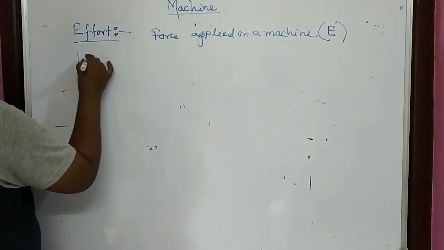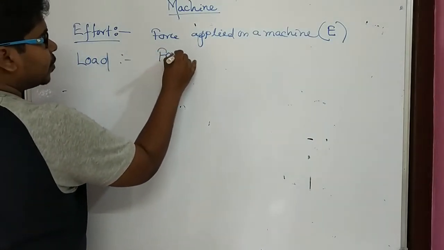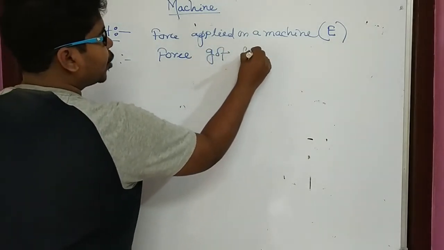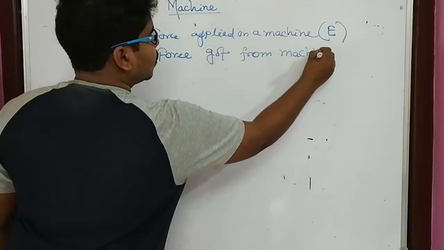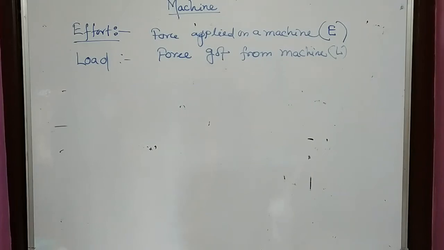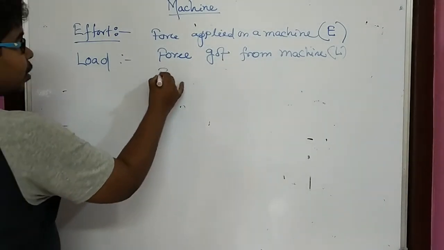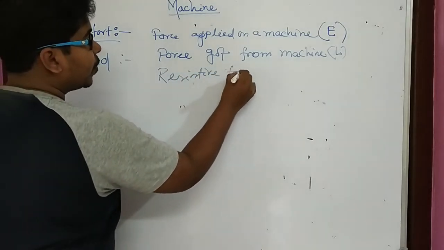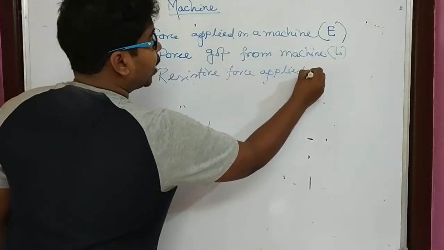Coming to the next thing, load. Force got from a machine is known as load. Or we can write it in another way, the resistive force applied by the machine.